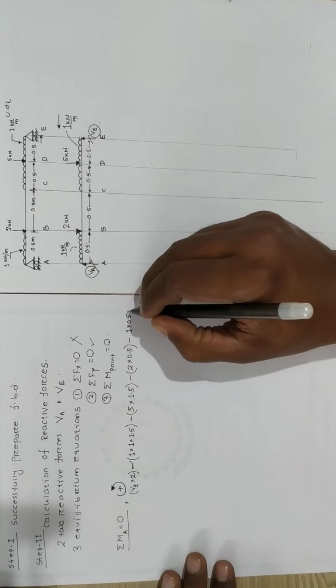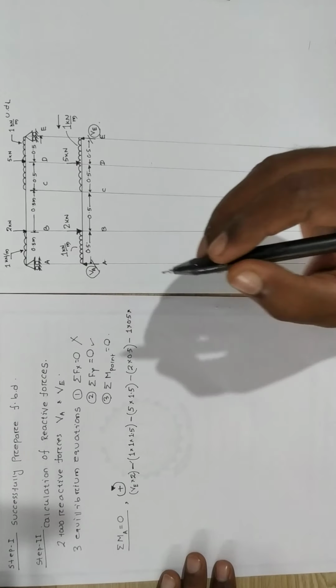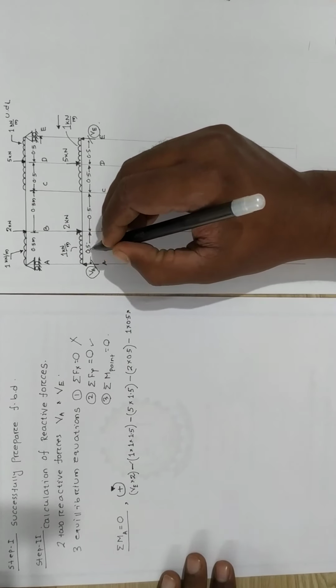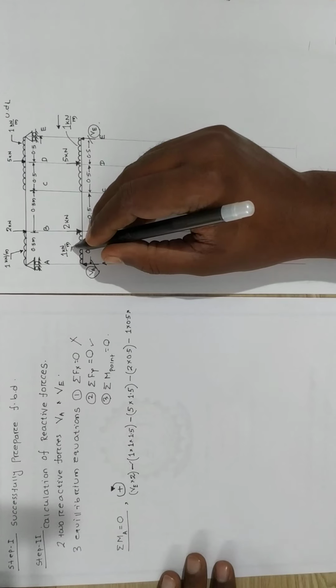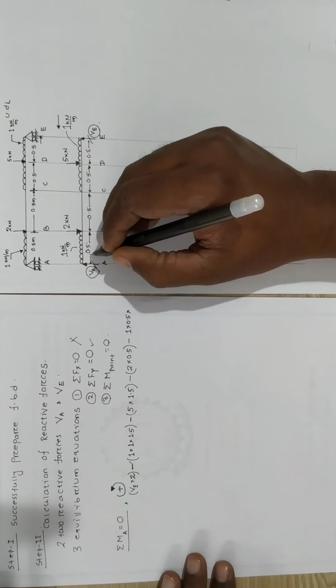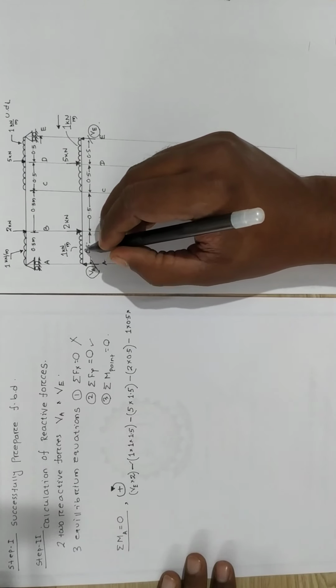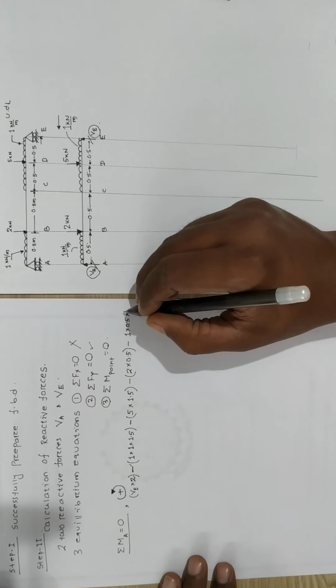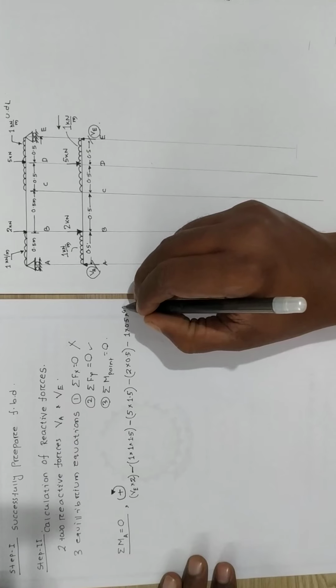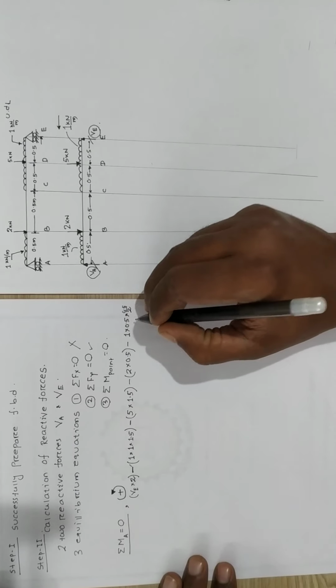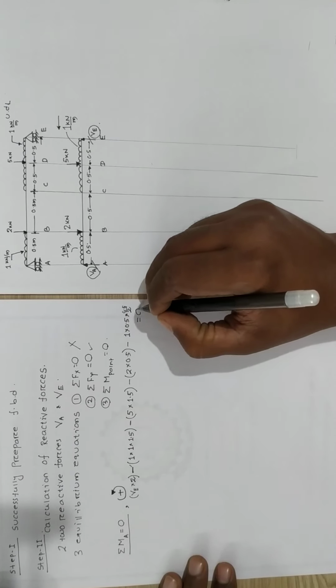This is the force. And the perpendicular distance between the centroid of this 1 kilonewton per meter UDL and point A is 0.5 divided by 2, so I am writing 0.5 divided by 2.